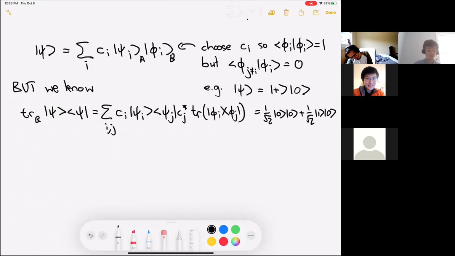Okay, we just used the linearity of the trace to separately do it for both the ket psi and the bra psi, which we expanded in terms of these product states. And then we could just take the A part out the front because our partial trace over B doesn't do anything to them.